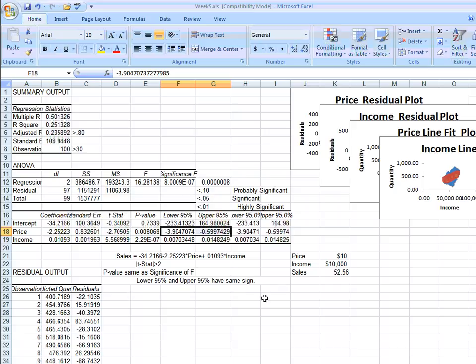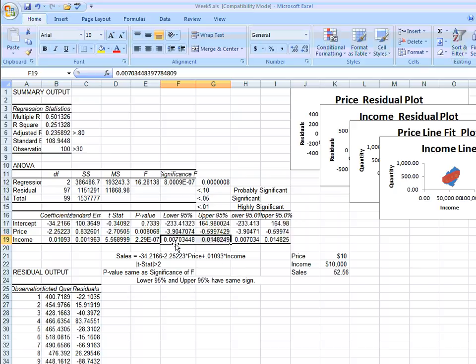That says that there's a 95% probability that the actual coefficient for price, which we have as negative 2.25, is between negative 3.9 and negative 0.60. That means there's clearly a negative relationship. That is good. You do not want 0 in there because that means there's a possibility there's no relationship.